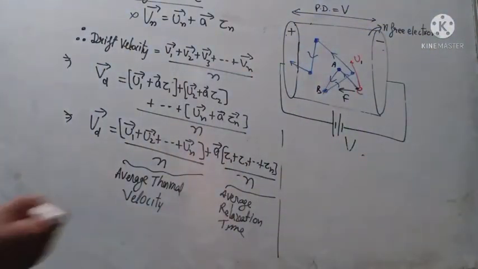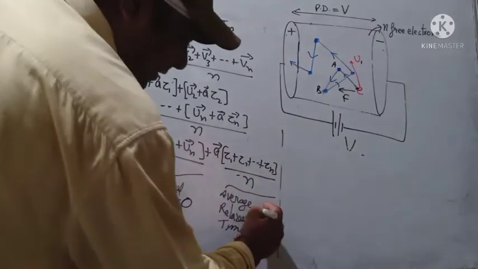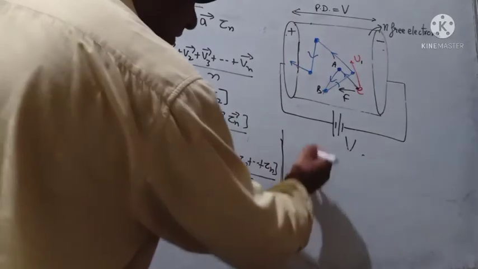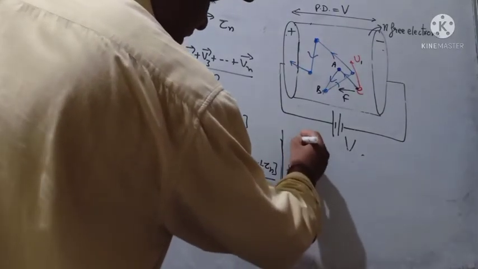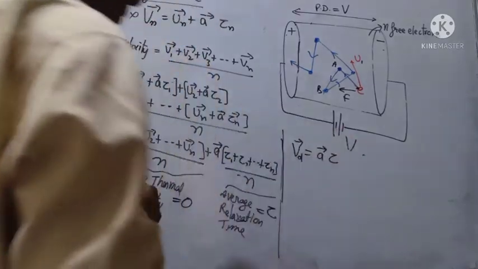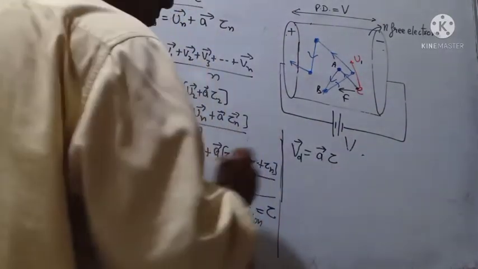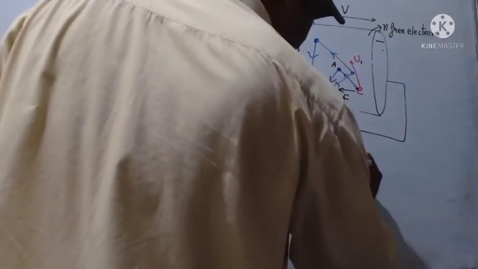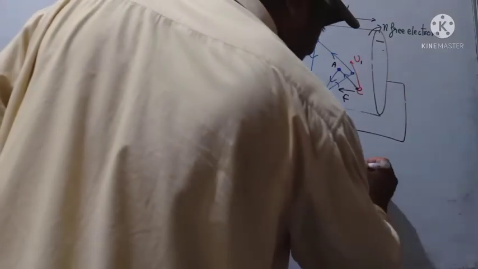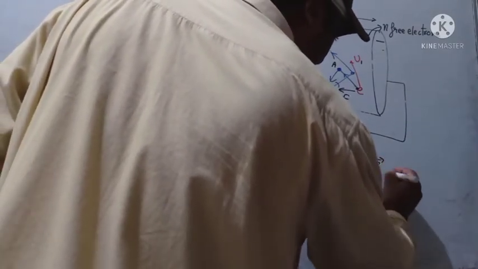So if we look, the average thermal velocity was 0, and let us denote the average relaxation time as tau. So now what does our expression convert to? Vd is equal to A tau. Now we will put the value of A. What have we taken out? Minus E upon m.